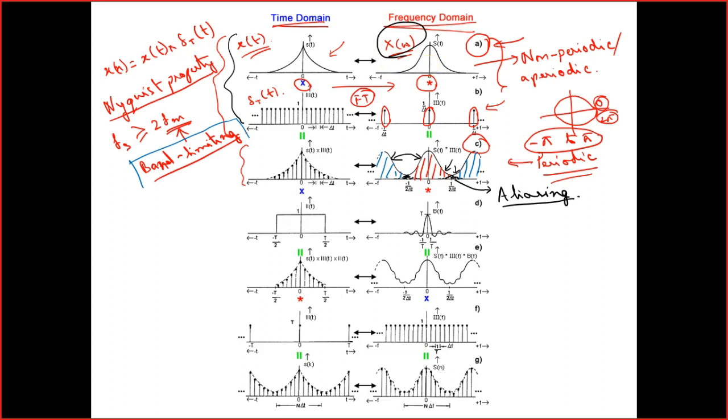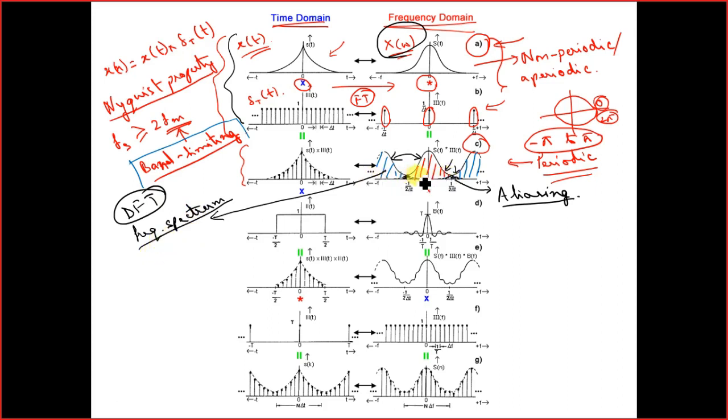Now, what we proposed just before is that we need to sample the frequency component, or frequency spectrum. For getting the DFT, a transform which can be implemented in a computer, we need to sample the frequency spectrum.